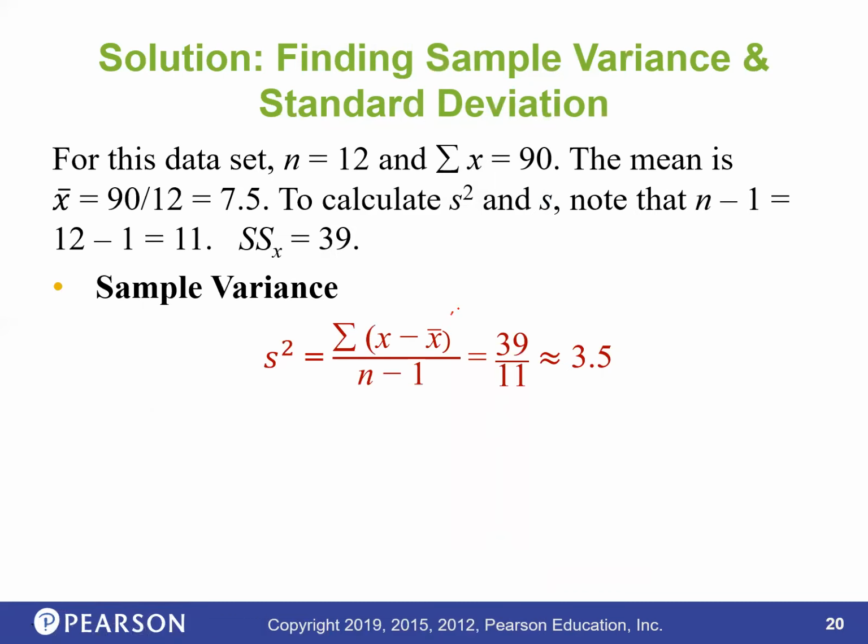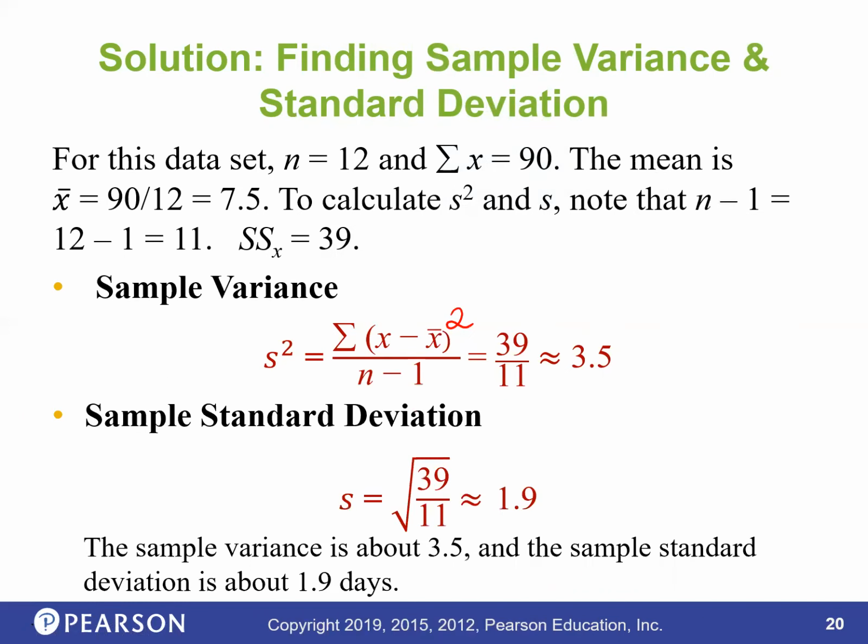Okay, roughly 3.5 is the variation, and 1.9.